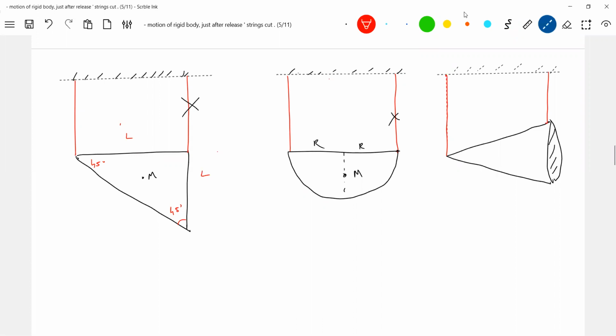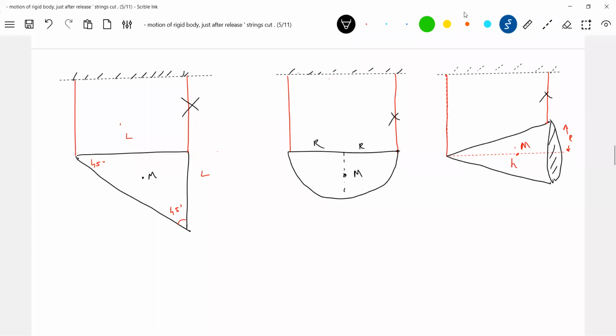So initially, first you do for vertical, then after getting confidence, go for this one. There's the cone of height h, radius r, mass m. And I'm going to cut this string.